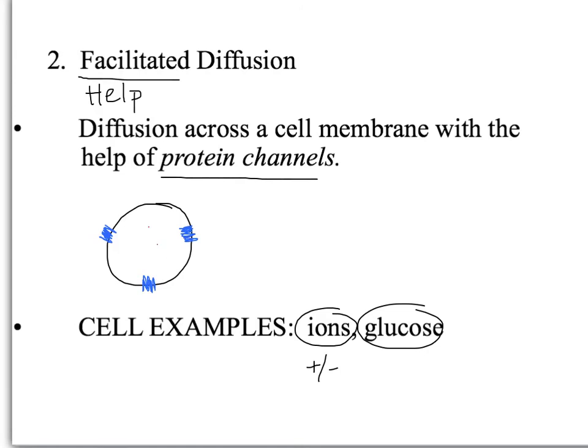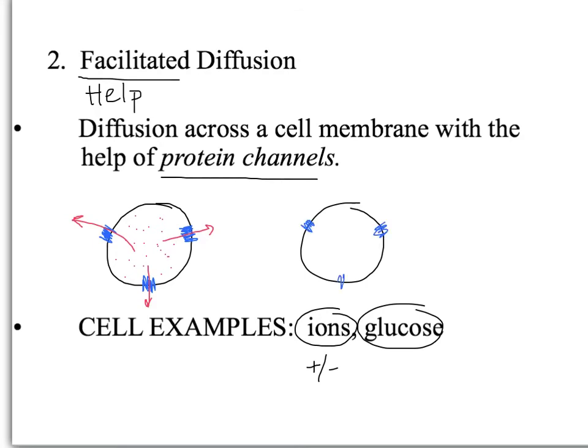So imagine I have lots of glucose molecules inside this cell. Maybe these glucose molecules have been made by the cell, like a plant cell makes glucose. It will leave the cell through these protein channels because it can't fit through the phospholipids. The opposite could happen as well. Say I have some ions on the outside of the cell that need to get in.